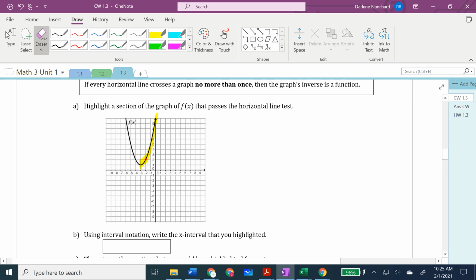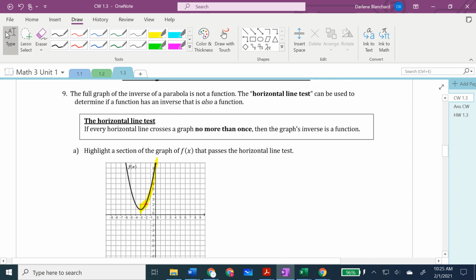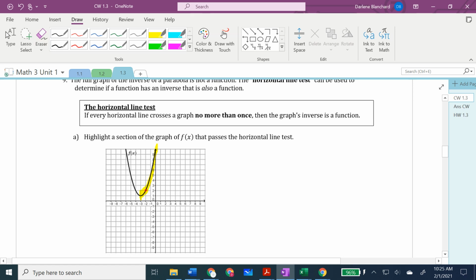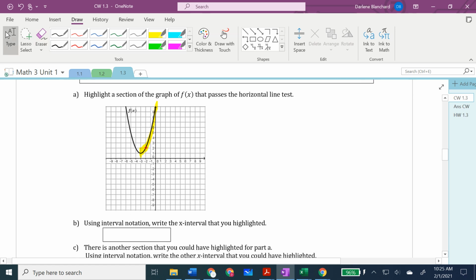So the official problem of what I wanted you to see here: number 9 goes through a written out explanation of what I just said. Part A asks you to highlight a section of the graph that does pass the horizontal line test. And so there's a highlight. Now, using interval notation, what is the x interval of what was highlighted?